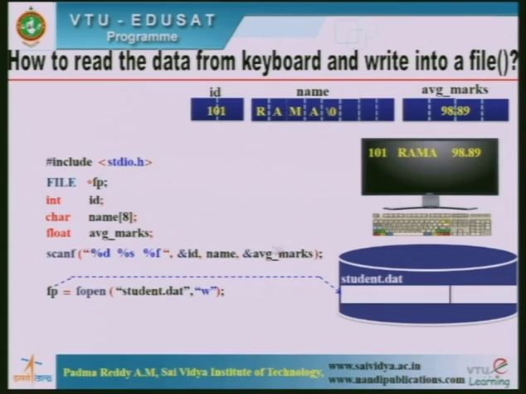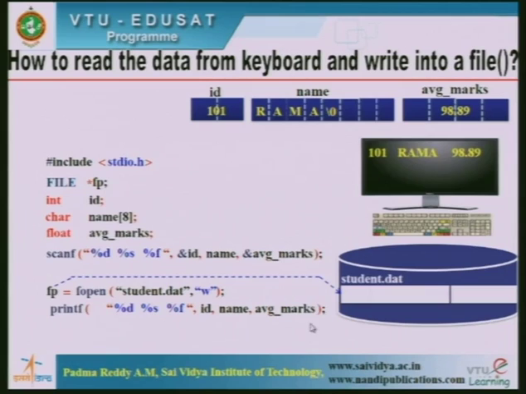Now the data has been entered from the keyboard and is available in the variables, and we have opened a file. Now we have to print. If I say printf %d, id, id is an integer, so I am using the format specifier %d here, and it displays 101. If I write a %s format specifier and then the name, Rama is displayed. Next, if I write %f for average marks, 98.89 is displayed.